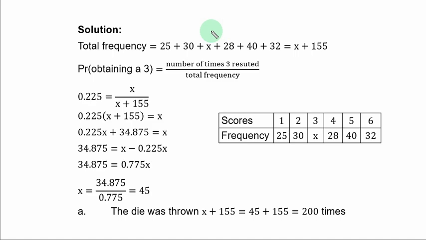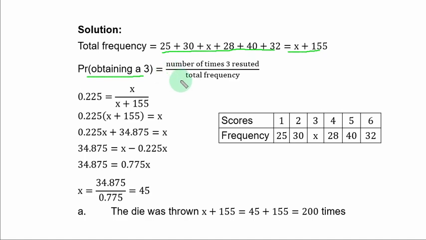So total frequency is 25 plus 30 plus S plus 28 plus 40 plus 32. That is S plus 155. Probability of obtaining a 3 is equal to number of times 3 resulted all over the total outcome.